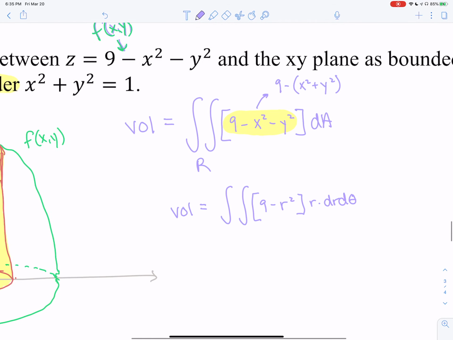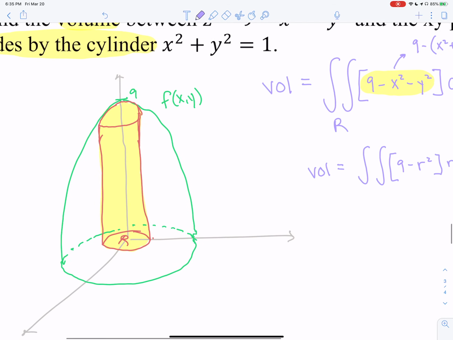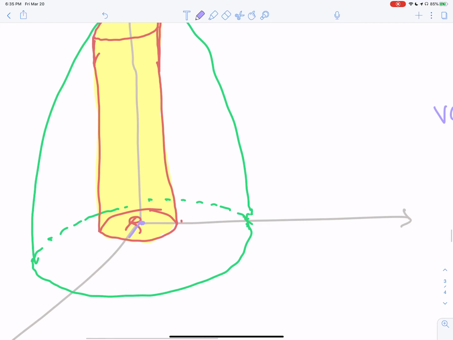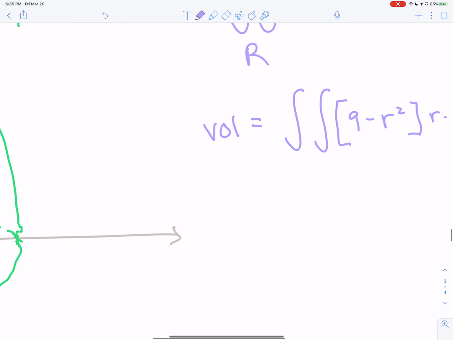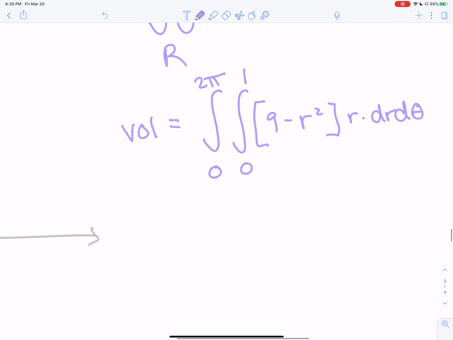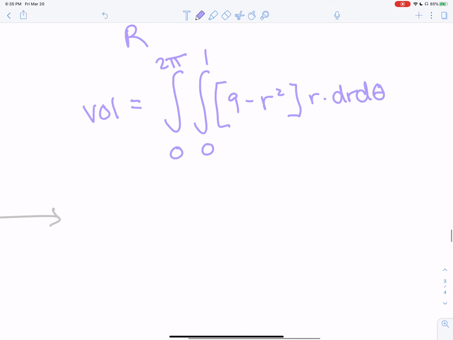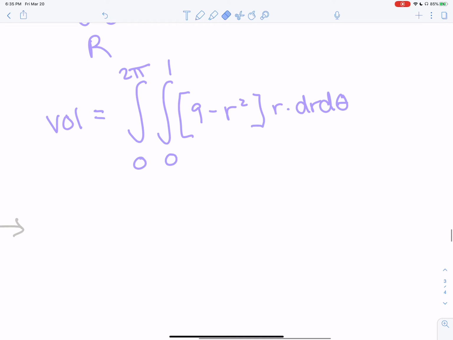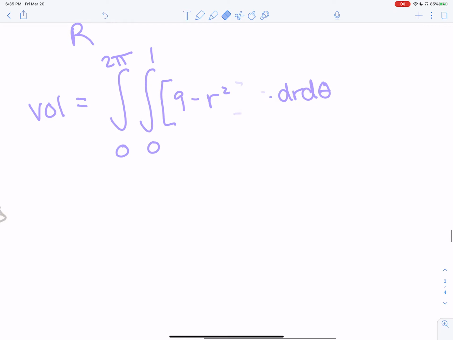And then the bounds for r, that's going to be really easy as well. So r will just go from 0 to 1. And then to get the entire circle, we'll do 0 to 2 pi. Right, that'll give us the entire domain of the region. We can multiply that extra r out. So what I'll do is I'll just replace this in here with 9r minus r cubed.